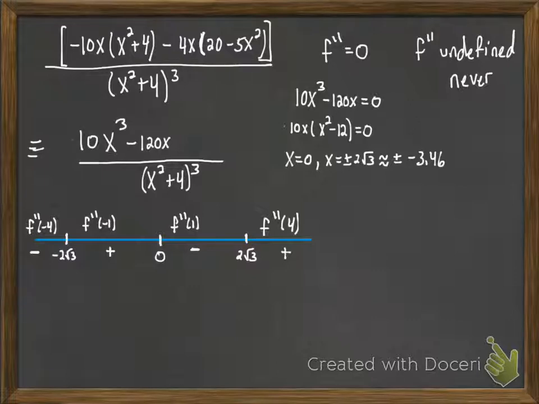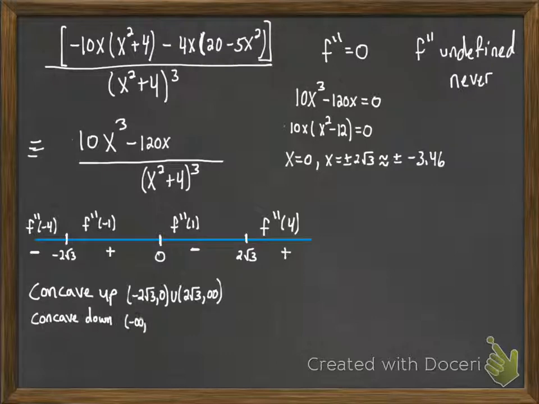Once we know the sign of the second derivative, we can then list out when it's concave up. It'll be concave up in those intervals where the second derivative is positive. It will be concave down in those intervals where the second derivative is negative. So that takes care of the concavity part of the problem.